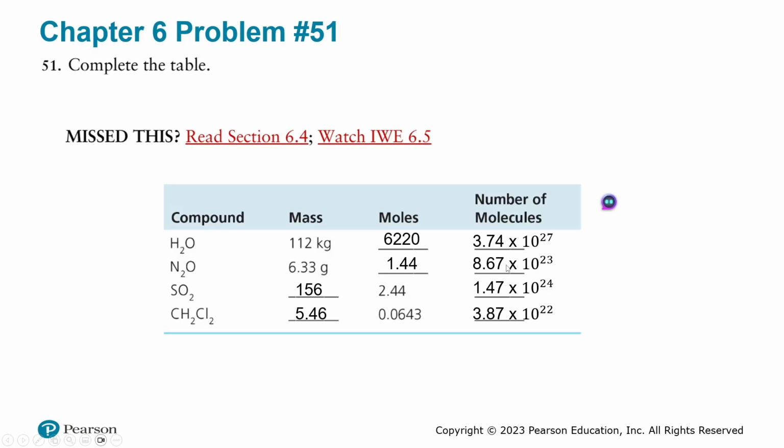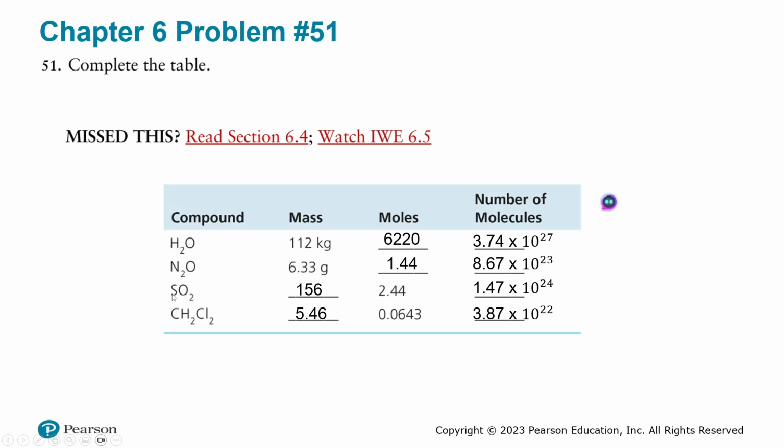If we want to go from number of molecules or number of atoms to moles, we divide by Avogadro's ratio. And from moles to mass, we would multiply by the molar mass. If we want to go from mass to moles, we divide by the molar mass. From moles to molecules, we multiply by Avogadro's number.